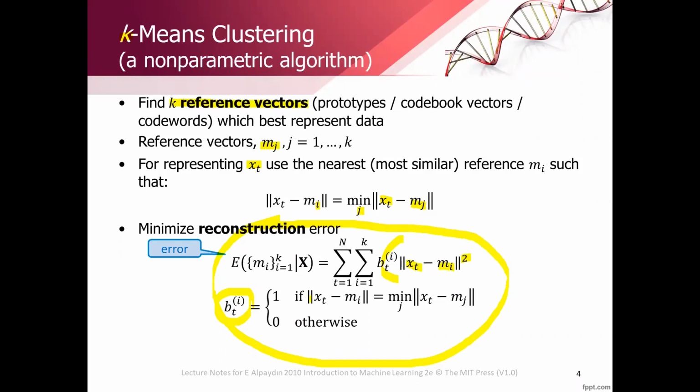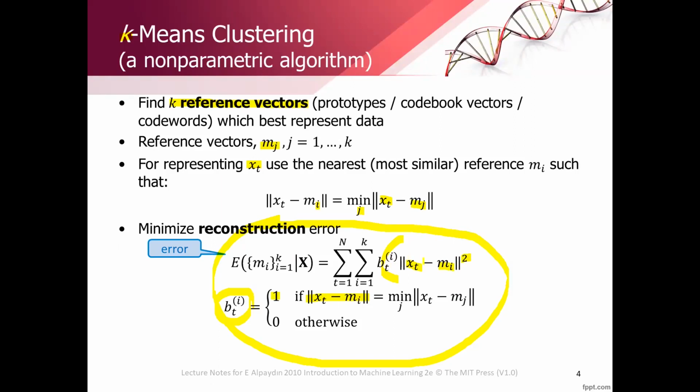So it's expressed here: it is 1 if the norm of the difference xt minus mi is the minimum of the differences between the observation and all reference vectors. So this will be 1 only if mi is the representative for xt.